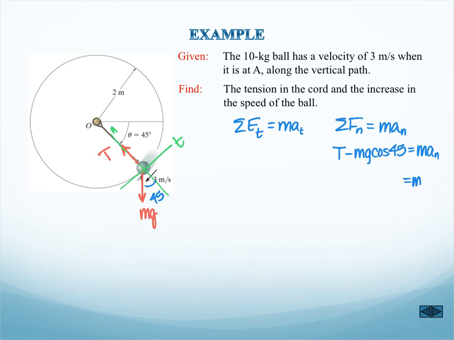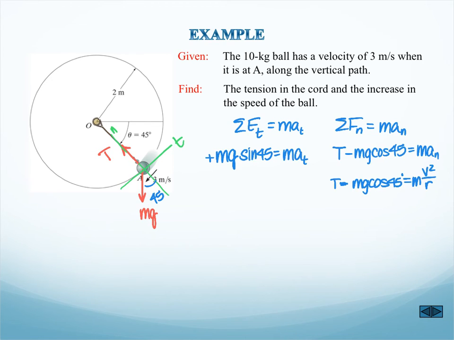And so we could set that equal to mv squared over r. The normal acceleration is centripetal, and so that's going to be the velocity squared over the radius. So we can set those equal to each other. In the tangential direction, we just have mg times the sine of 45 degrees equals m a tangential.